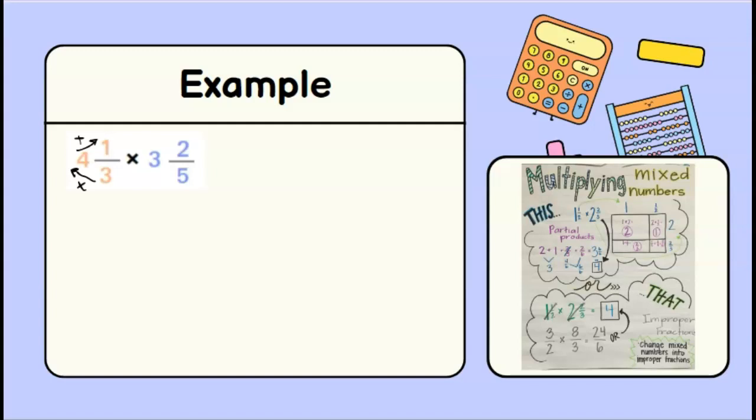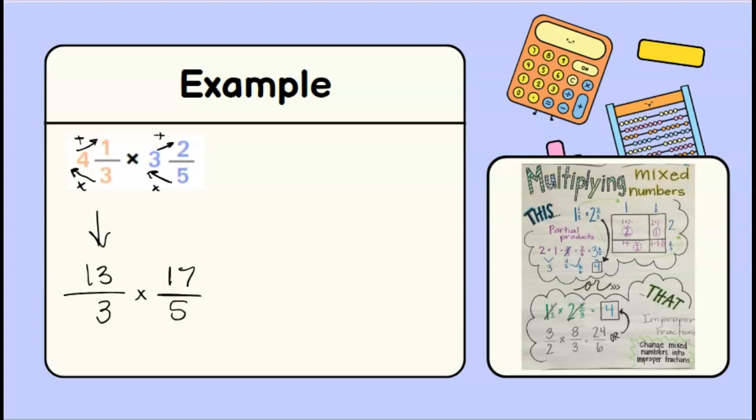So to change this mixed number, I'm going to say 4 times 3 gives me 12, plus 1 is 13. So the improper fraction that represents this is 13/3. I'm going to do the same thing here. 3 times 5, I'm going to multiply, and then add it to the numerator. 3 times 5 is 15, plus 2 is 17.